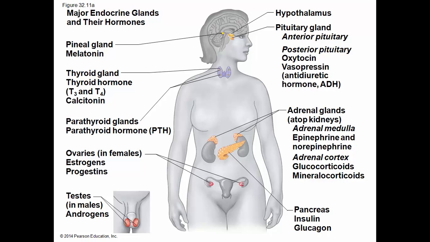Now the pineal gland, which I mentioned earlier, is located right in the center of the brain. This is the organ that actually senses variations in light over the seasons.